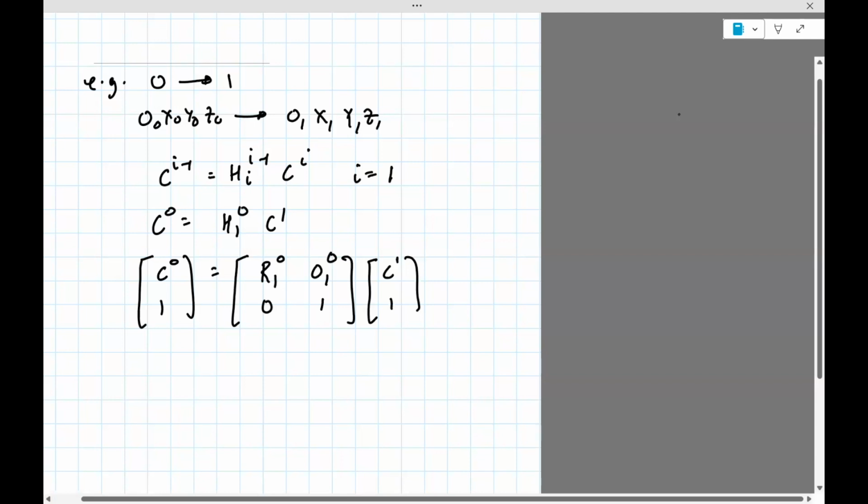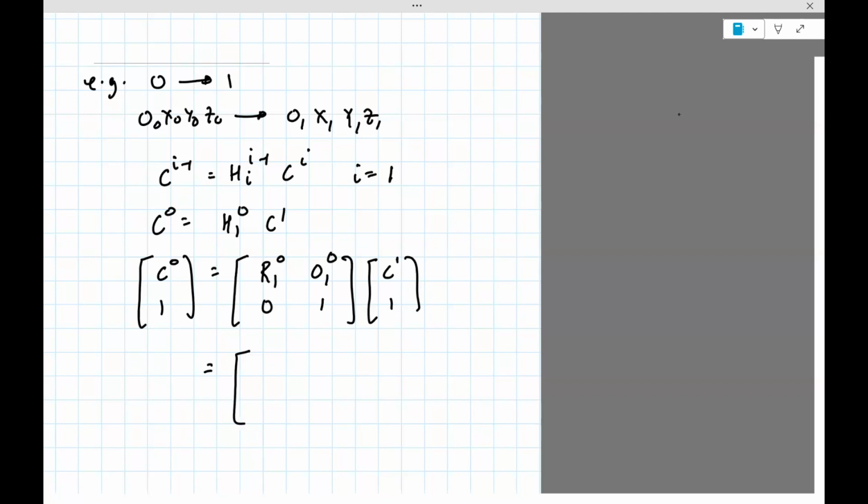When I take the matrix multiplication on the right-hand side, even though it's a block matrix, you can think of the multiplication just like a regular matrix multiplication. You take the first row and multiply it with the column c1, 1, and keep going that way. So R_1^0 c1 plus O_1^0: this is multiplied by this, and that is the first term; this is multiplied by that second term.